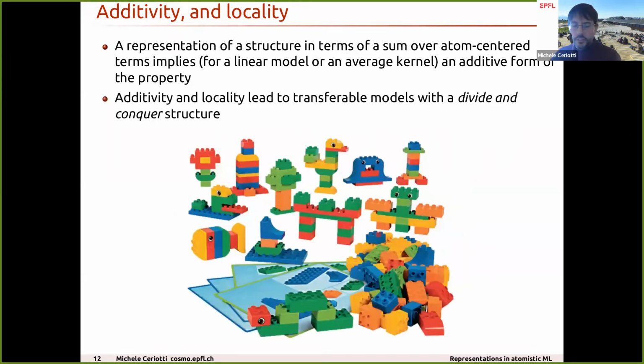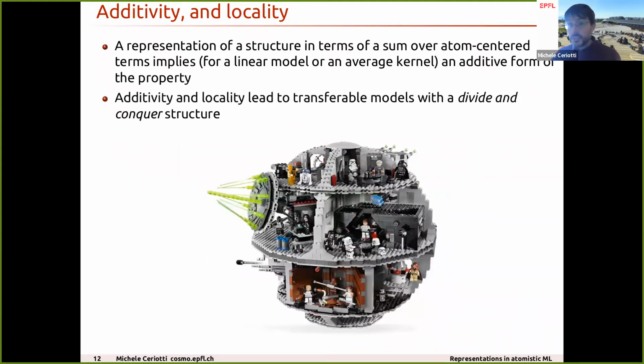This is very useful because it's what allows you to have a kind of divide and conquer structure in the model, which means that you can train the model on simple structures and then make predictions on something which is much more complicated and potentially more interesting for applications. So this Lego brick-like nature of the model is a consequence of making an additive ansatz for the target.